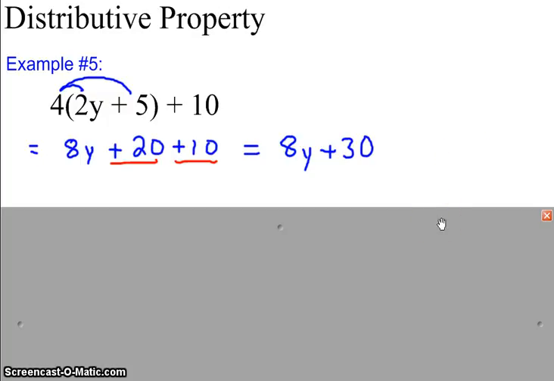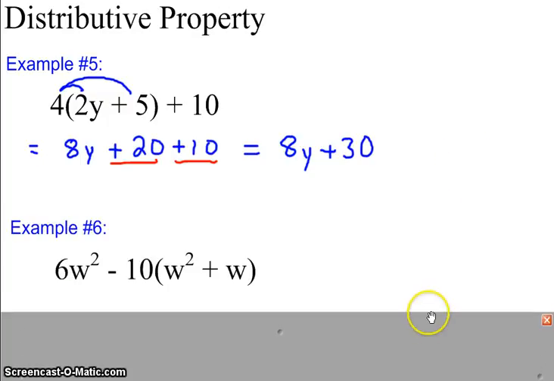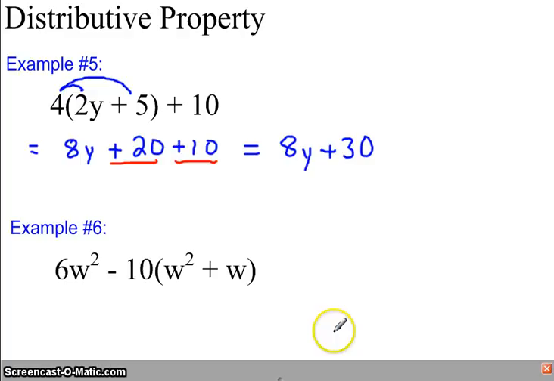All right, last example. Example 6. This time the distributive part is second, but here's the trick with this one. This is a minus 10. So we're actually distributing a negative 10 to the w squared and a negative 10 to the w.